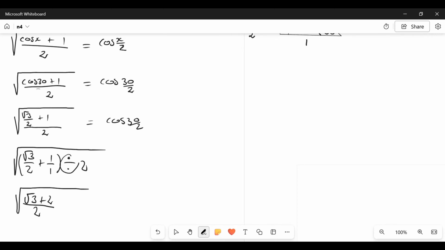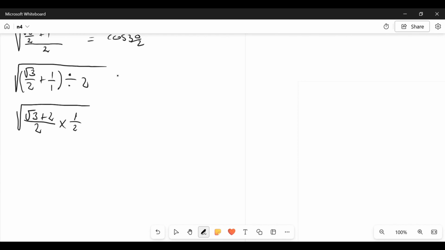Instead of writing this division here, we can write it as multiplication. If you write it as multiplication, it means that now they're going to swap. You're going to have 1 over 2. 2 is going to become a denominator and 1 becomes a numerator. So let's continue. Let us not forget this is equaling to cos 30 degrees divided by 2. Both of them are still equaling to cos 30 degrees over 2.